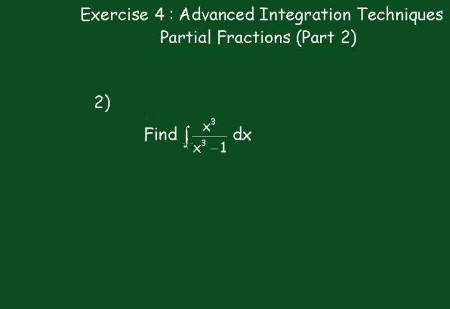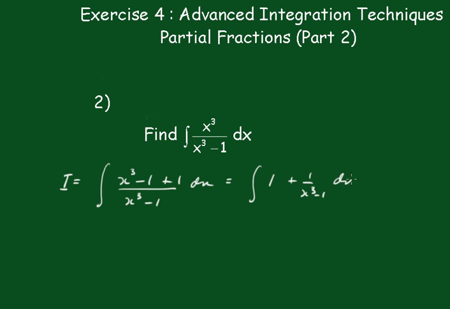Now this one here, because the degrees are both the same, you have to do a manipulation. So we'll say the integral is equal to, now I'll write this as (x cubed minus 1 plus 1) over (x cubed minus 1) dx, which is the integral of 1 plus 1 over x cubed minus 1 dx.